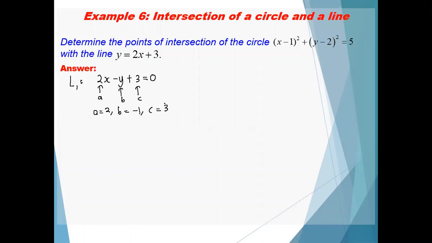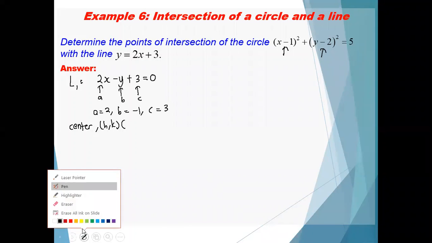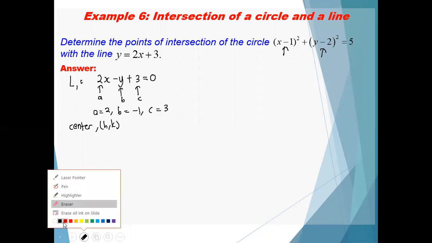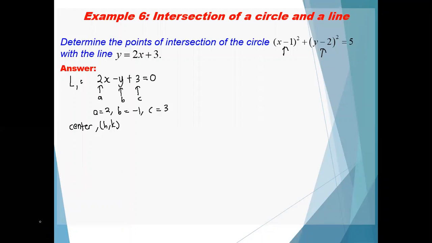So we have the center h, k at 1, 2. Okay.